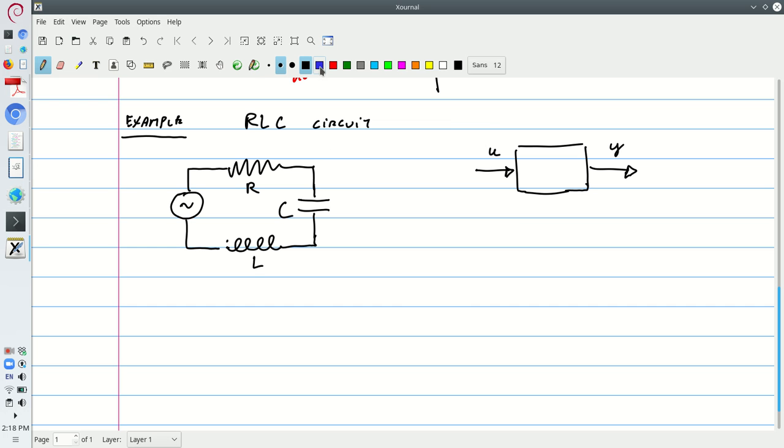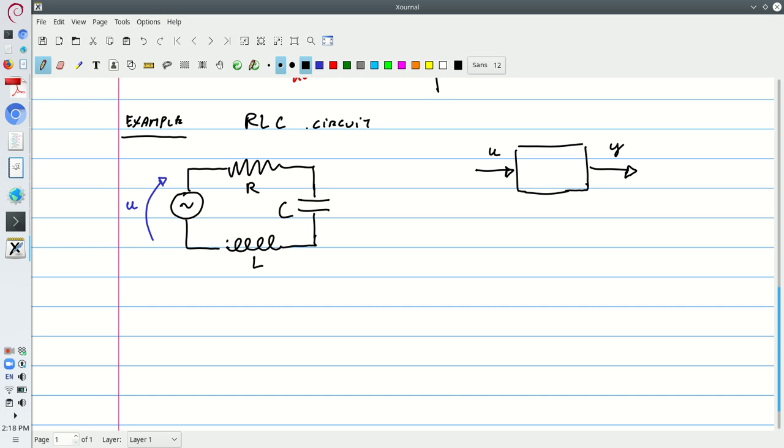Well, let's choose to have as input u the voltage generated by the voltage generator. This is a natural choice after all, because that's the only thing that we can really manipulate the way we want. We can decide this generator to generate a voltage with a certain profile, I don't know, a square wave or something like that.